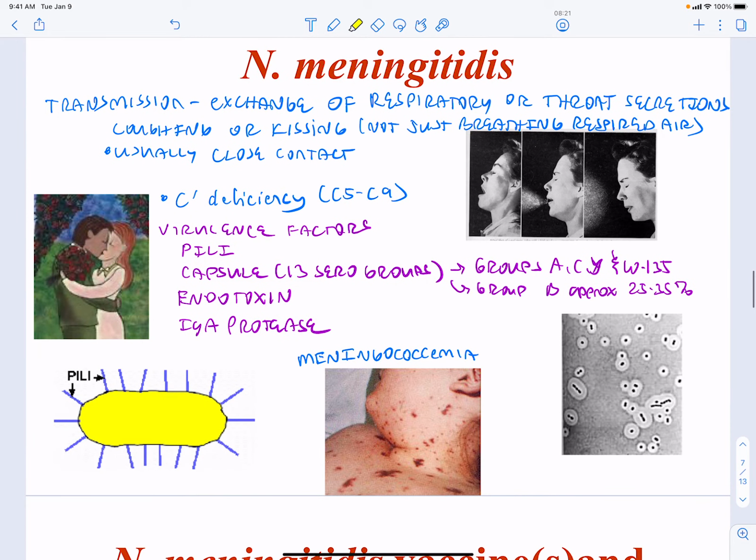Transmission is similar to Haemophilus influenzae, in which you get exchange of respiratory and throat secretions, coughing and kissing. Just breathing exhaled air is not enough to transmit Neisseria meningitidis. And then also you have individuals who have a deficiency of complement, especially that membrane attack complex.